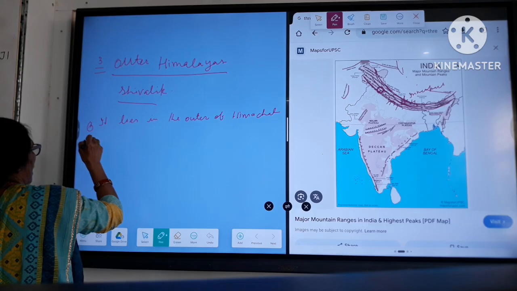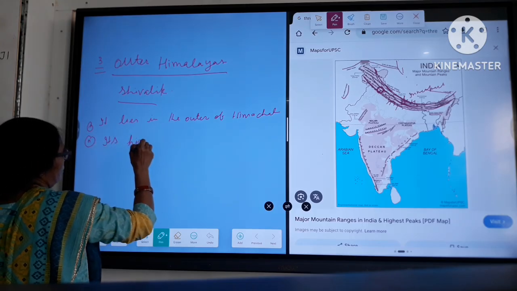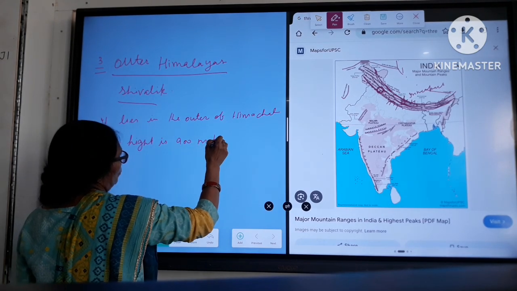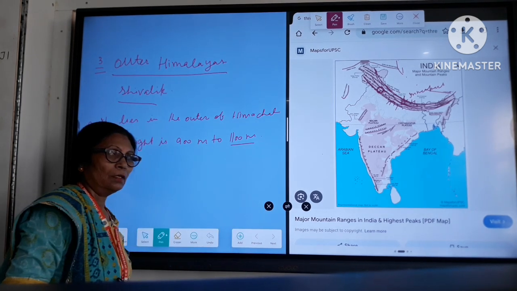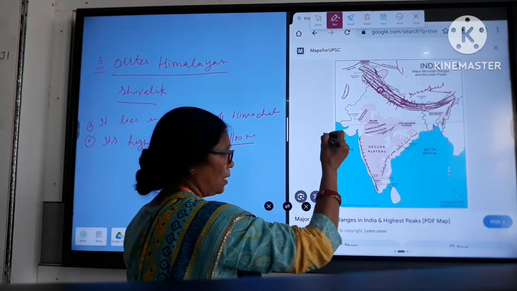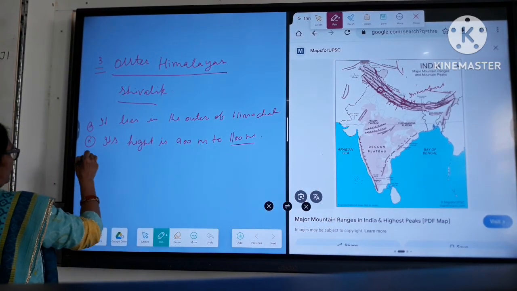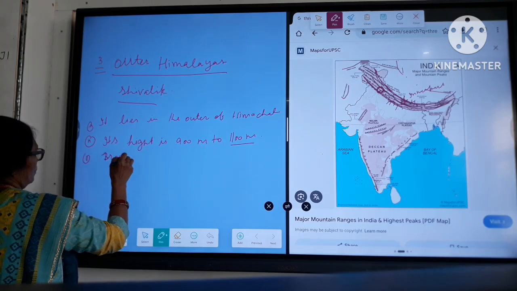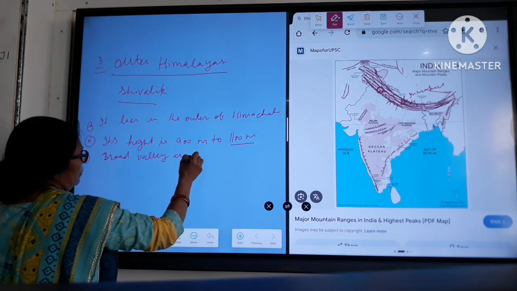Its height is 900 meters to 1100 meters. They lie at a lower part than the Himadri and the Himachal. Many broad valleys are found here.